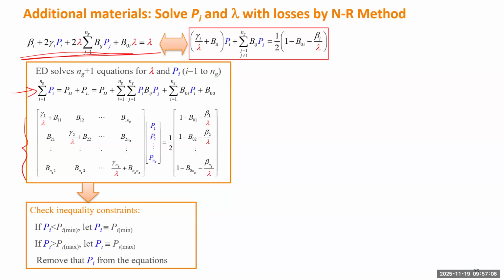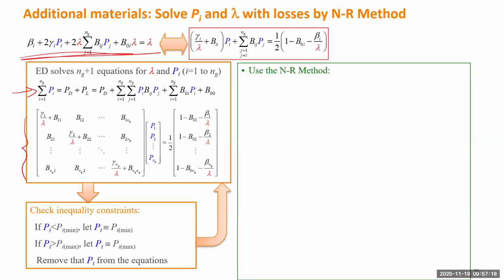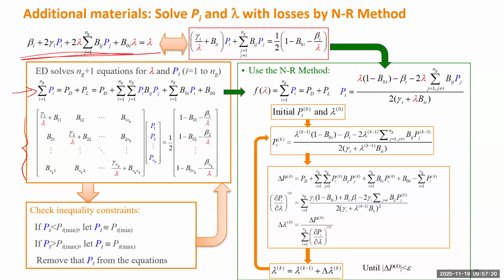We want to make sure the limits are satisfied, which means during the iteration, if any generator reaches the limit, you need to stop there and not further change that value. Using the Newton-Raphson approach, this will be the process. It's a pretty standard Newton-Raphson method. You just start from an initial guess and iterate.